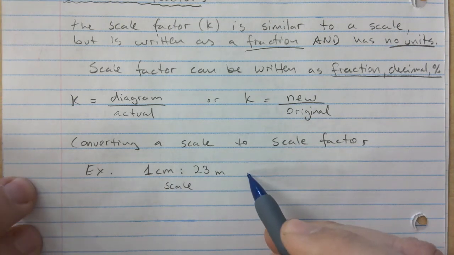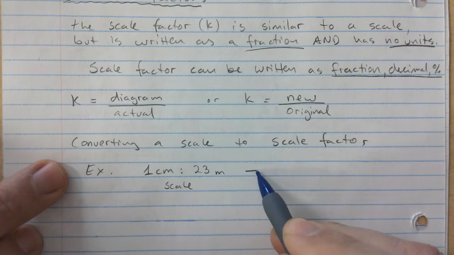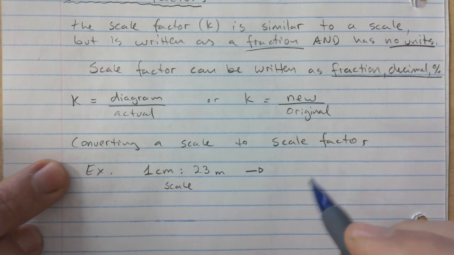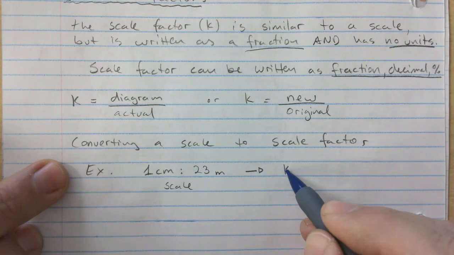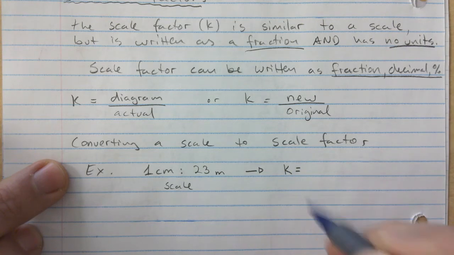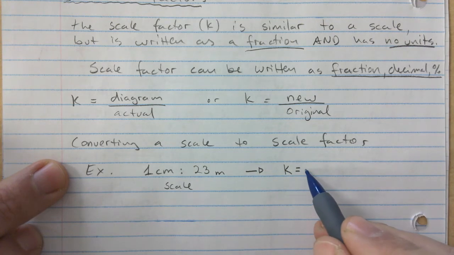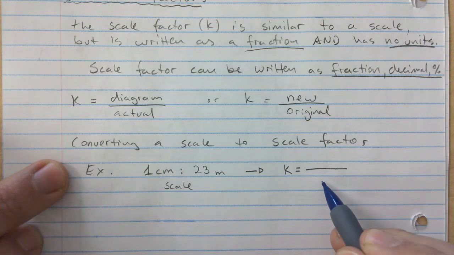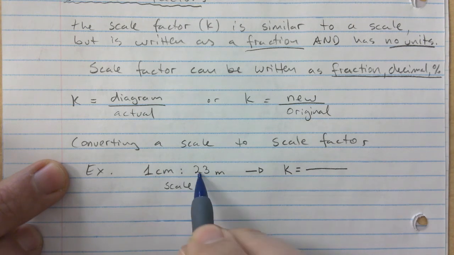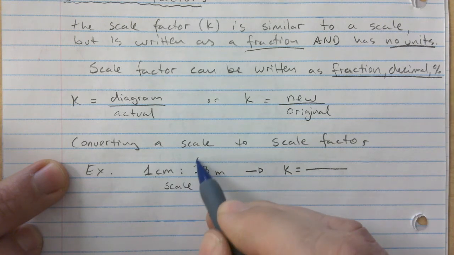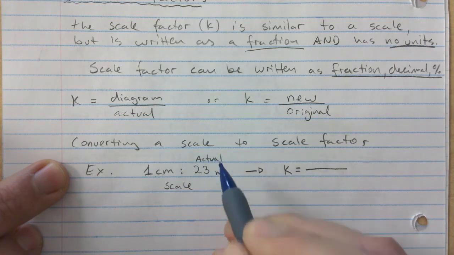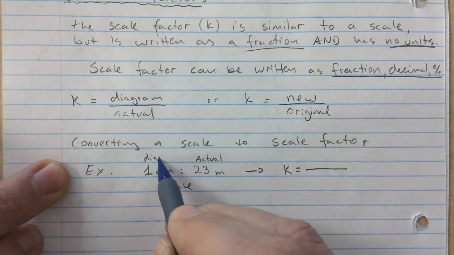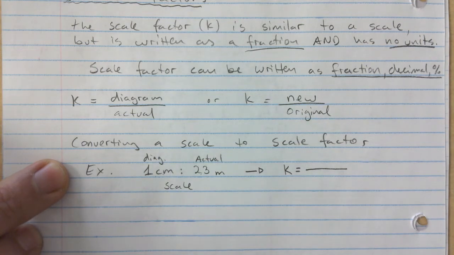If you want to convert that to a scale factor, okay, what we would do is we would say, hey, K is equal to, and remember that diagram is always on top, actual is here. And which one of these was the actual again? It's this one, actual, and this is diagram. Just go back to yesterday's notes and that would be the case.